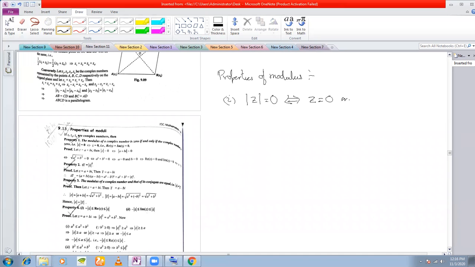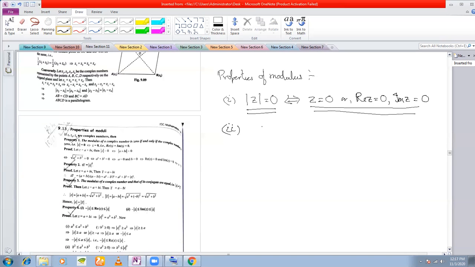Or you can say the real part of z is equal to 0 and the imaginary part of z is also equal to 0. So if the modulus is 0, you can say this, and if this is given to you, then you can say this. That is, if a zero complex number is there, then obviously its modulus is 0.